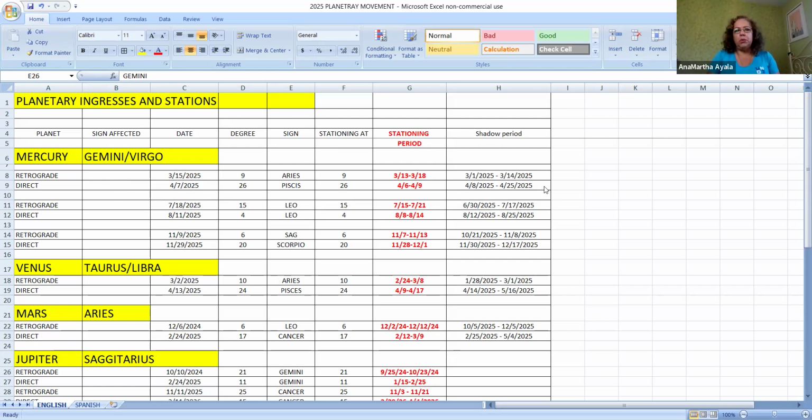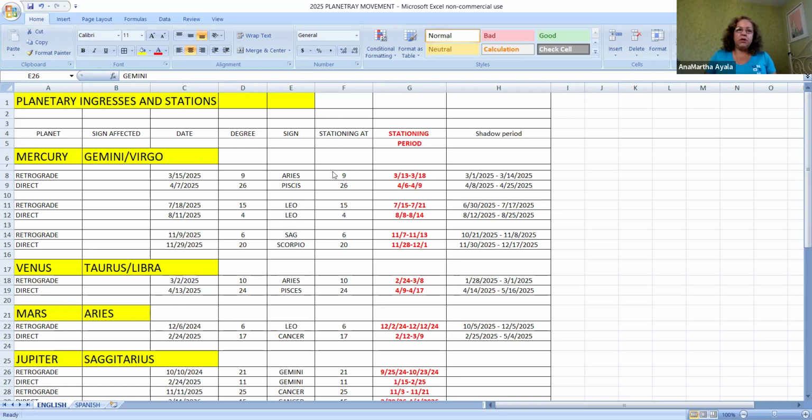So let me explain what this whole retrograde thing is. From our viewpoint here on Earth, we see all the planets going direct or moving forward. But then from our view here on Earth, they station or stop. And this is the time that, for example, this first example is going to station. Mercury is going to stop at 9 degrees of Aries and then go backwards or go retrograde.